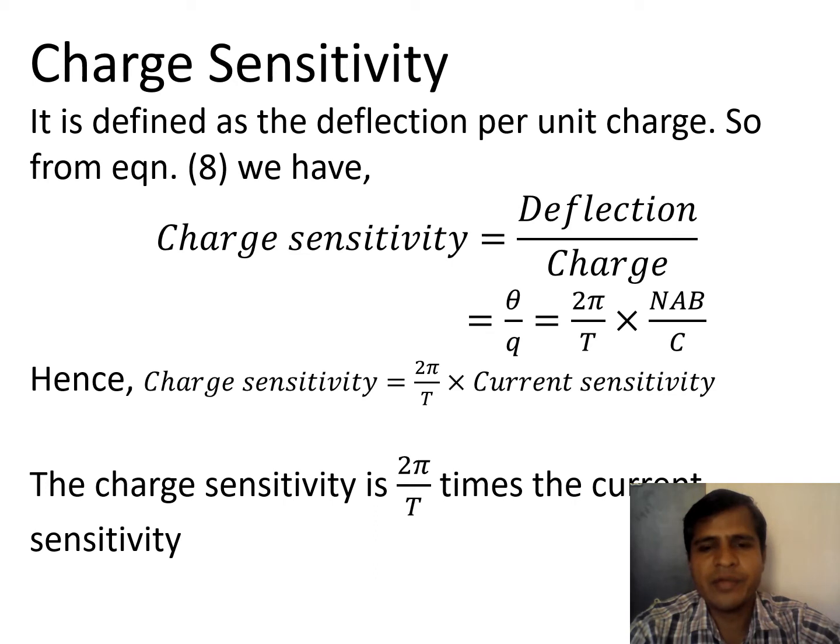Now substituting the value of q, that is q equal to T upon 2 pi into C upon NAB into theta, theta in the numerator and denominator will cancel, and the final expression for charge sensitivity is 2 pi upon T into NAB upon C. Hence, the charge sensitivity can be written as 2 pi upon T multiplied by the current sensitivity, since the last expression, NAB upon C, is nothing but the current sensitivity.